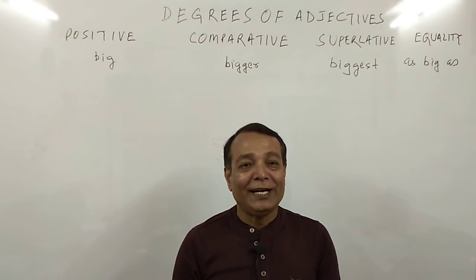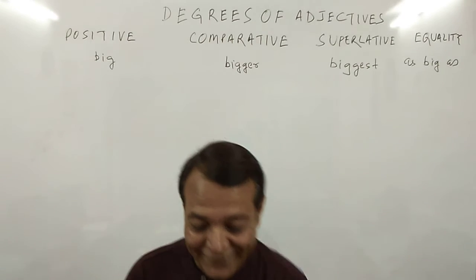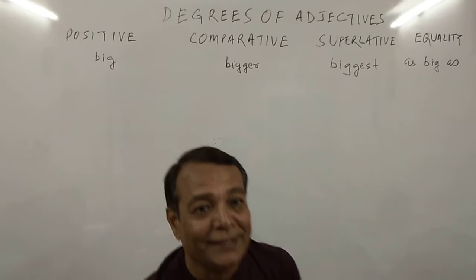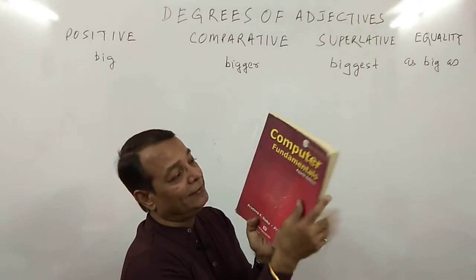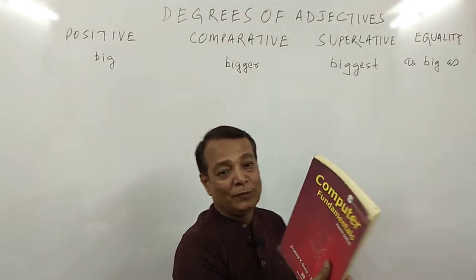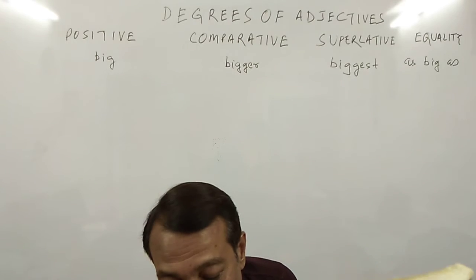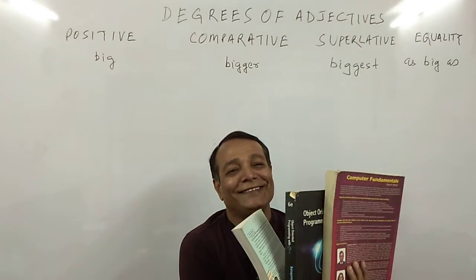See the size, this is bigger than this book. Now if I am going to use the superlative, I am saying this is the biggest book. This red one is the biggest book. I am using biggest because if you compare the size, you find all these 3 books are different in size.